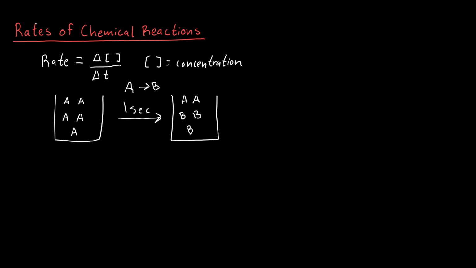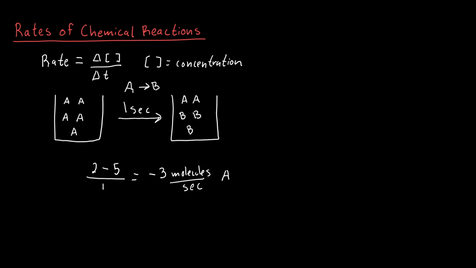So we have 2 A's, and we subtract our 5 A's that we started with, and divide by our time of 1 second. So if we simplify that, we get -3 molecules per second. And that would be our rate for compound A.